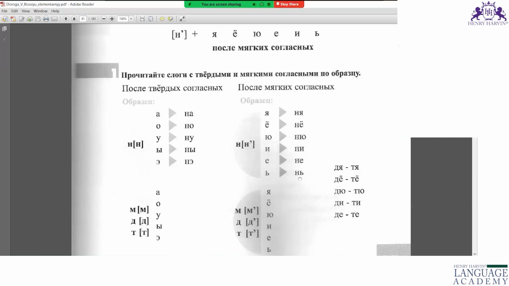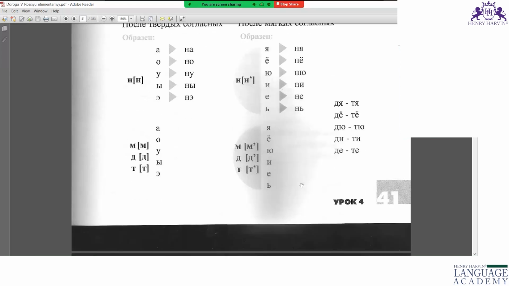Soft sign. How do we read N with a soft sign? Н. Yes. So it will be just N plus soft sign. Now, if we connect the letter M, how do we make it?